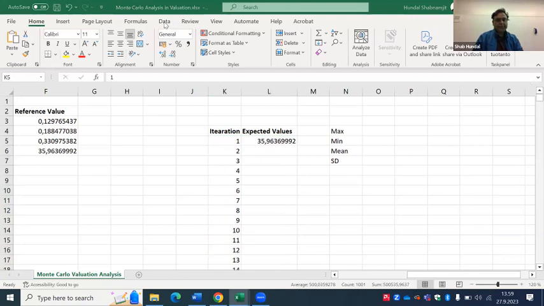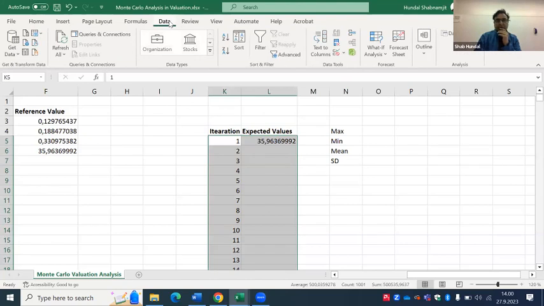Go to data. This thing is bothering me. In the data, my apologies, in the data there is something called what if analysis.